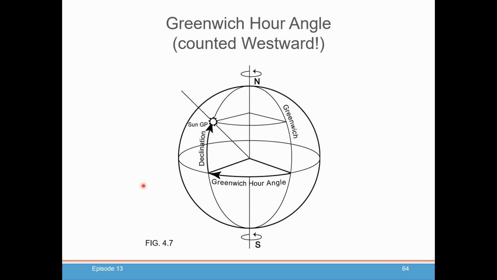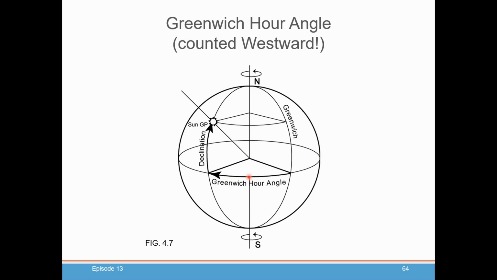Okay, so that's declination. Greenwich hour angle. Greenwich hour angle is, again, sort of the equivalent of longitude on the Earth. The only real difference is Greenwich hour angle always goes west of Greenwich and goes all the way around. So it goes from 0 degrees to 90 degrees to 180 degrees, 270 degrees, back to 360, and then starting back at 0.